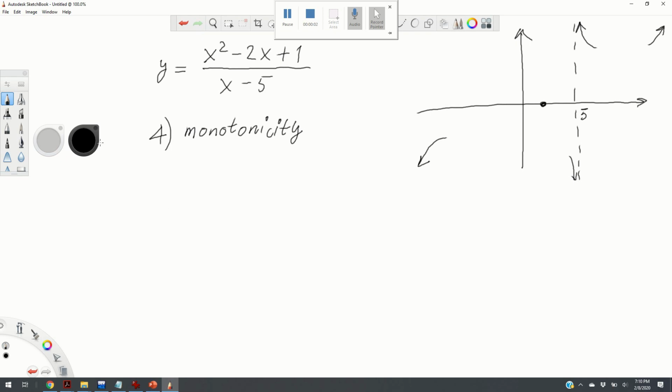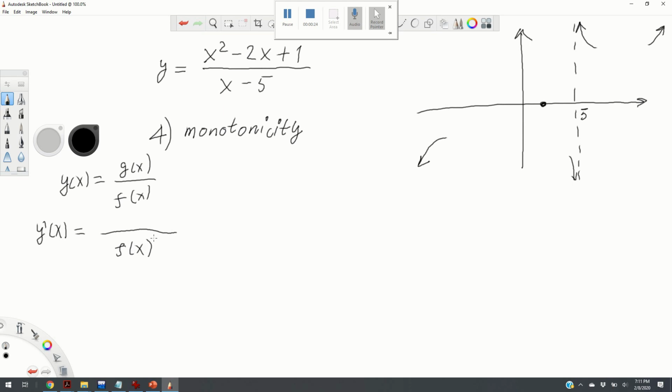So let us compute the first derivative. This is a rational function that can be represented as g of x over some f of x. And the formula for computing the first derivative of a rational function is the following.